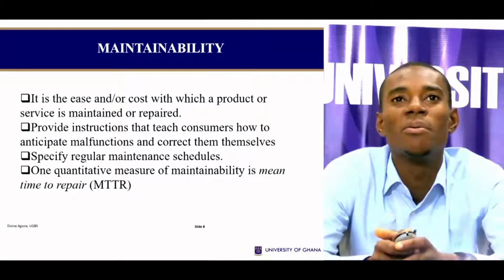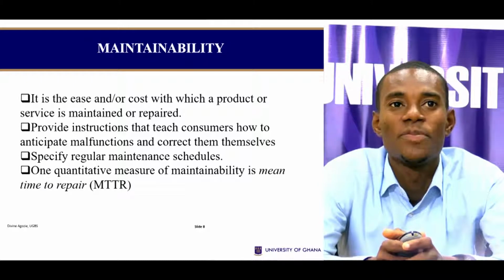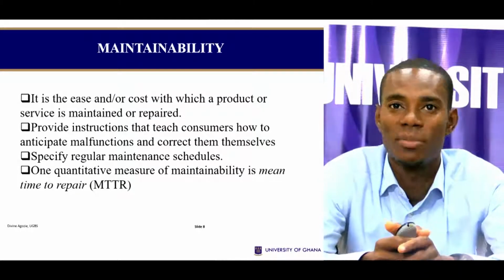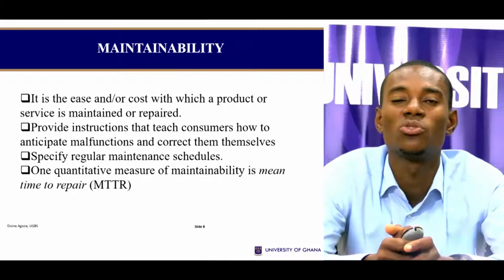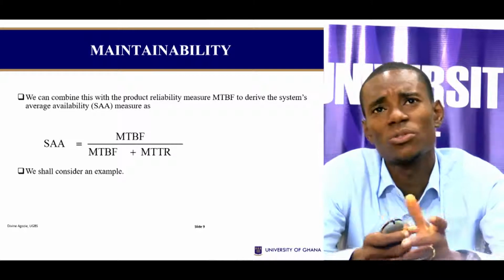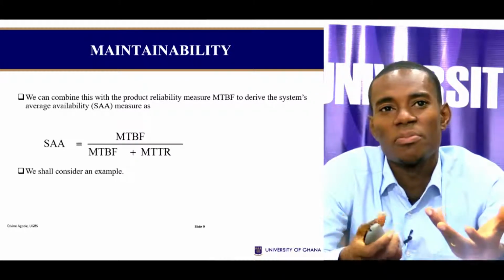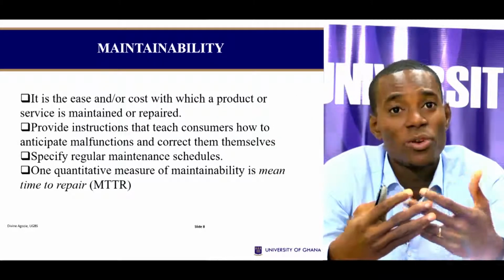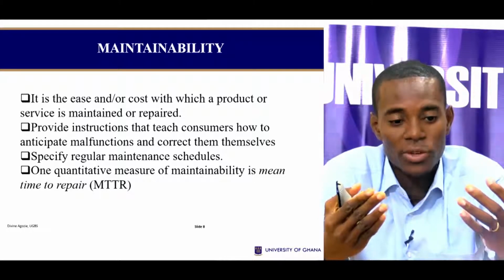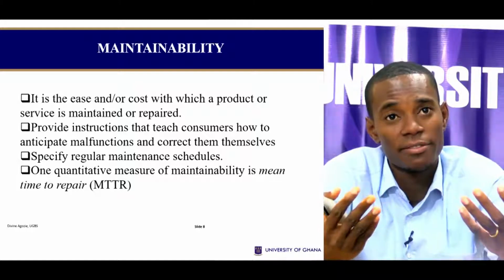These are all measures of improving maintainability. But one quantitative measure of assessing maintainability is the mean time to repair, which we call the MTTR. Again, the mean time to repair is making reference to, for instance, the watch example I gave.